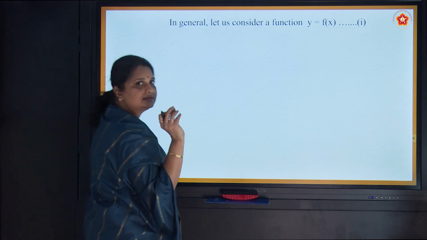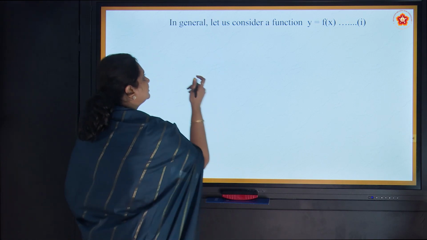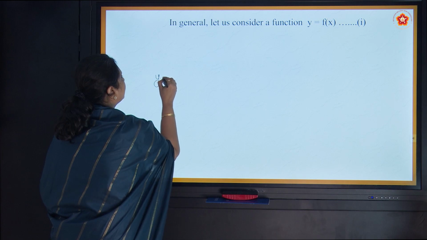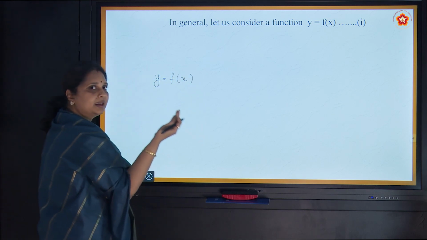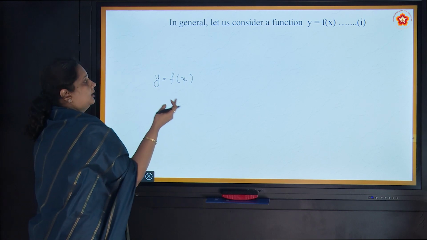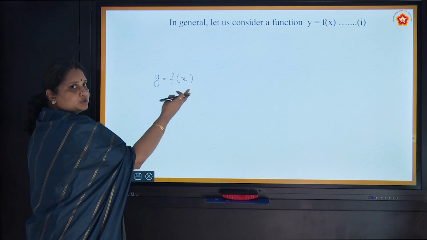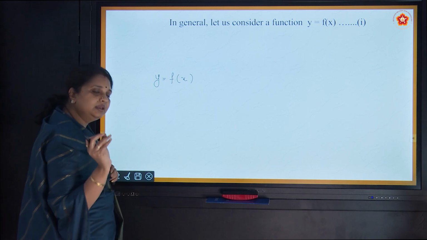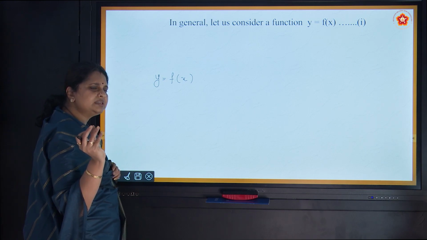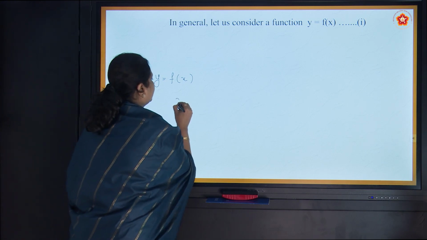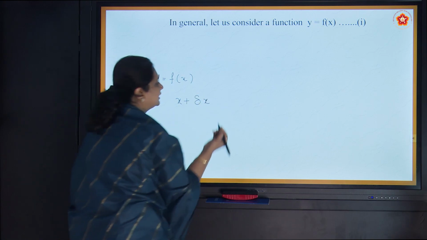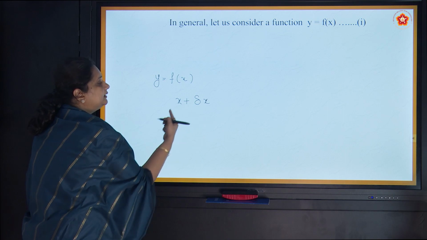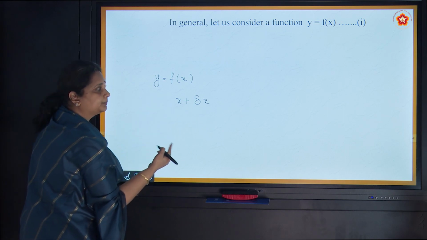Let's take an example of a function. y is equal to f of x. So this is my function, my y in terms of x. Okay, I'm going to increase the value of x by a very small quantity. So I do x plus del x. This is my increase in the x value.